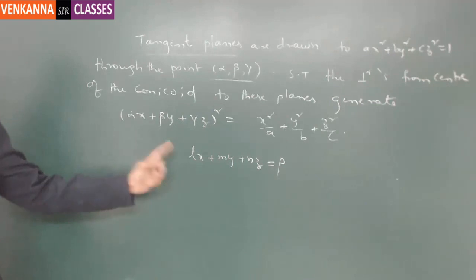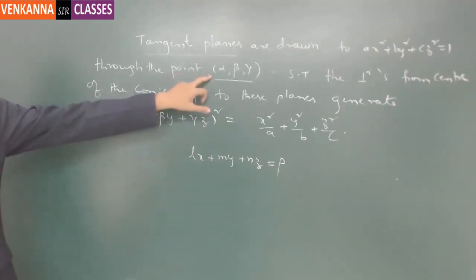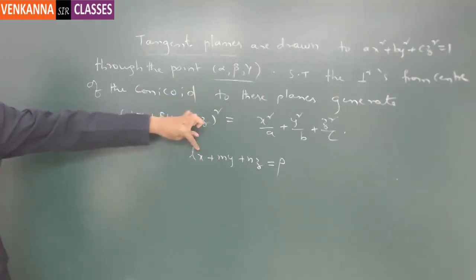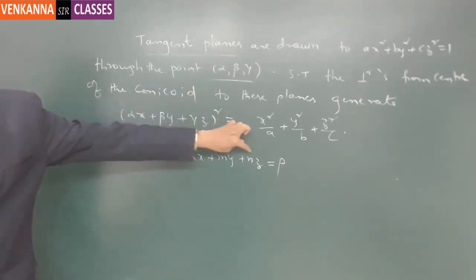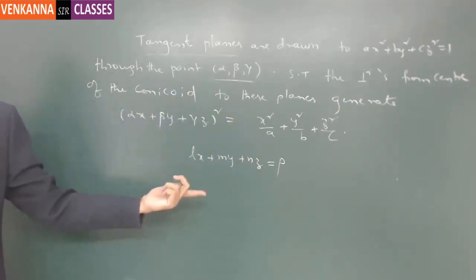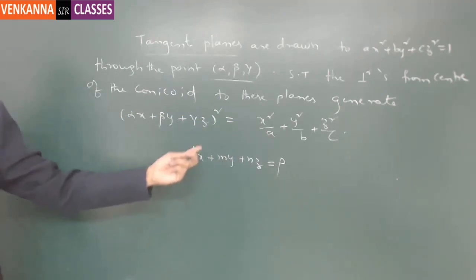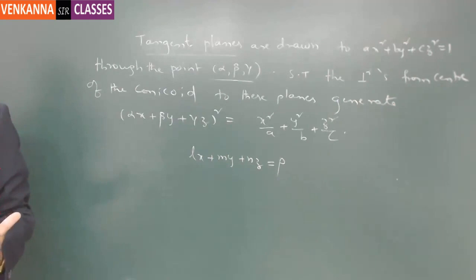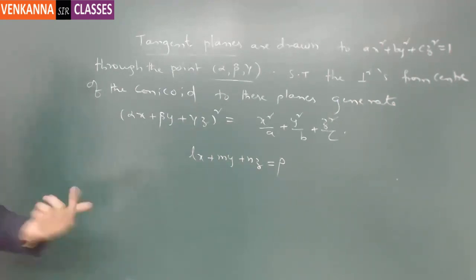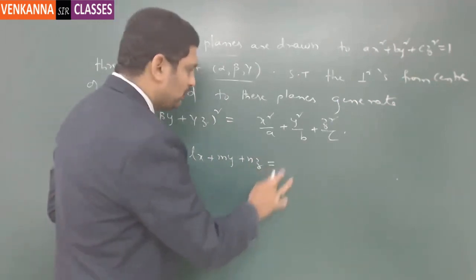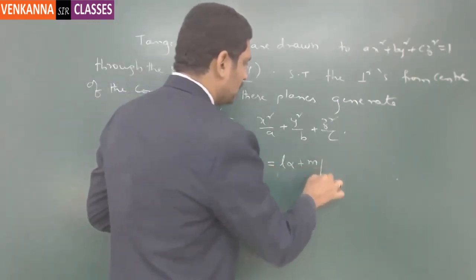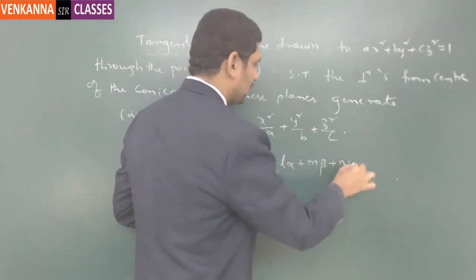Since the plane passes through this point alpha, beta, gamma, if you substitute alpha, beta, gamma here, the P value is nothing but L alpha plus m beta plus n gamma. Accepted? Right. So here the value of P is nothing but L alpha plus m beta plus n gamma.